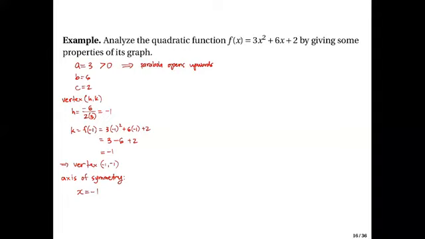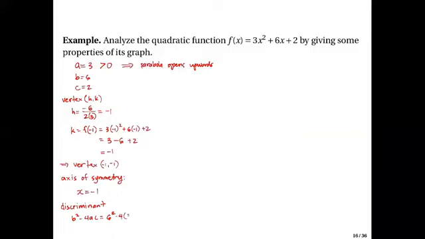Now let's solve for the discriminant. For the discriminant, we have b squared minus 4ac. So in here we have 6 squared minus 4 times a. What is a?